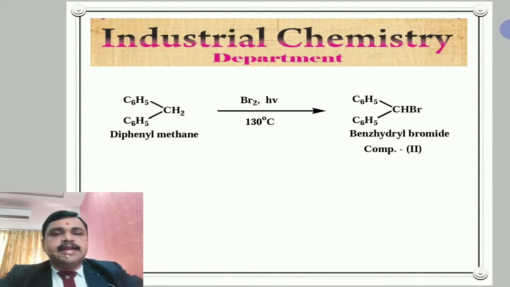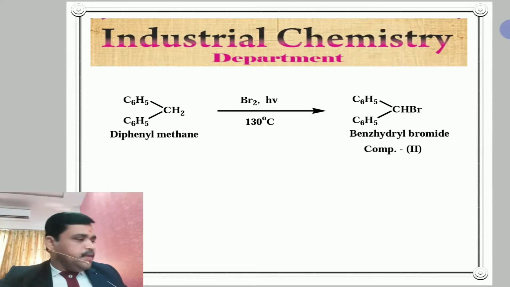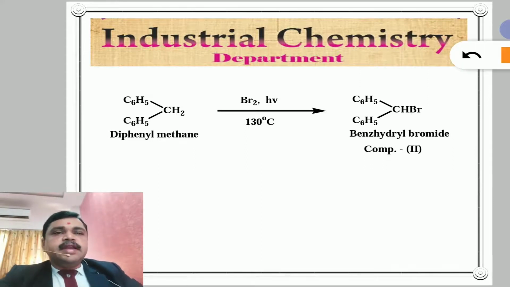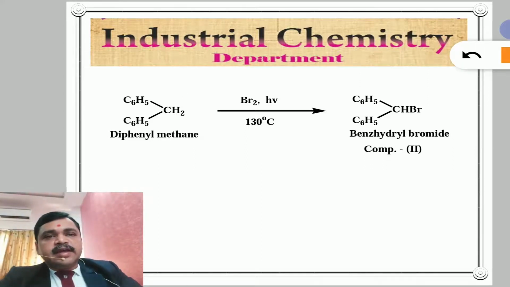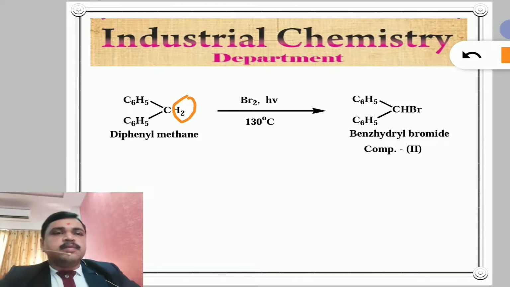Here in the reaction, bromine is introduced by substitution of this hydrogen in diphenyl methane, and then we get benzhydryl bromide.